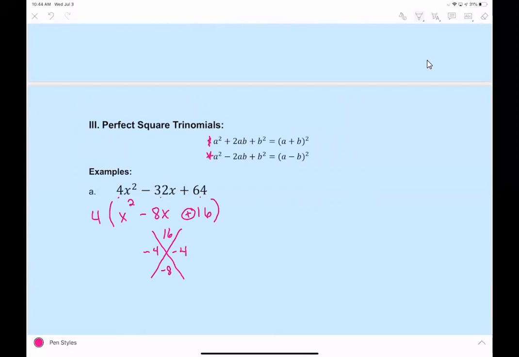You can easily check it. Multiply those together, you get a positive 16, and then negative 4 minus 4 is a negative 8. So to factor this, I'm just going to bring down, I'm going to have x minus 4, and the short way, since both factors are the same, we can write it using an exponent, writing it as x minus 4 squared.